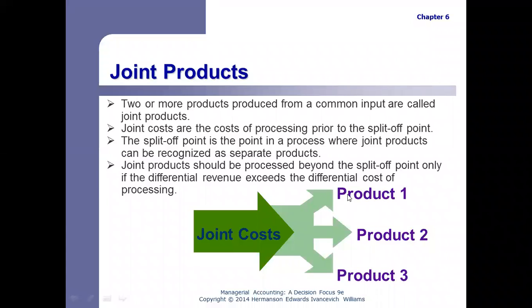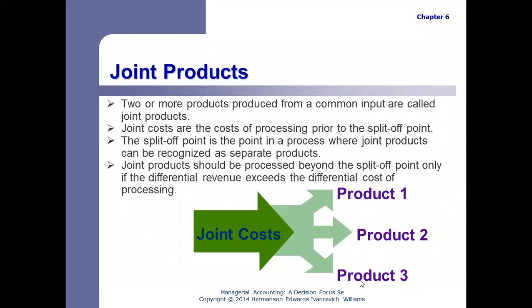There is do-it-yourself furniture. You've seen those where you take it home in a box and you have to put it together yourself. Another product might be a finished table.